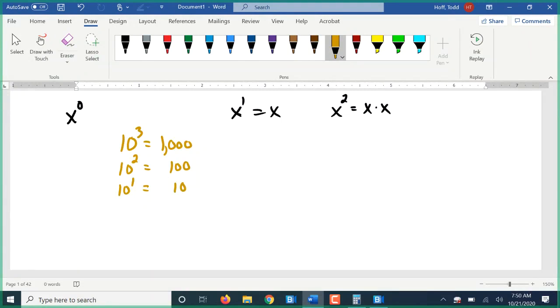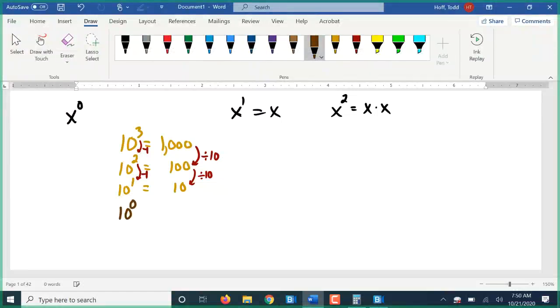So what I have done here to establish this pattern is I have 10 as the base of all my exponents. And at each step, I've reduced the power by 1. I went from 3 down to 2, from 2 down to 1. The result, each time I reduced the power by 1, my answer was divided by 10. 1,000 divided by 10 is 100. 100 divided by 10 is 10.